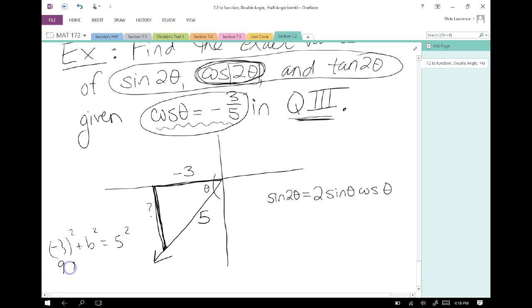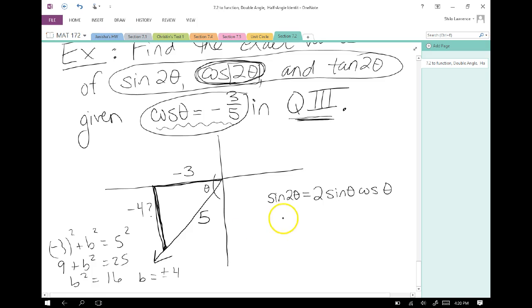So that's 9 plus b squared equals 25. So b squared ends up being 16, which means b could be either positive or negative 4. And we're going to use negative 4 because we're down in quadrant 3. That is enough information to now work all of these problems.